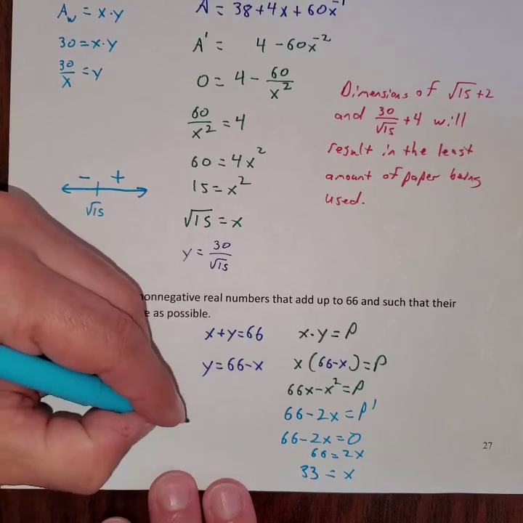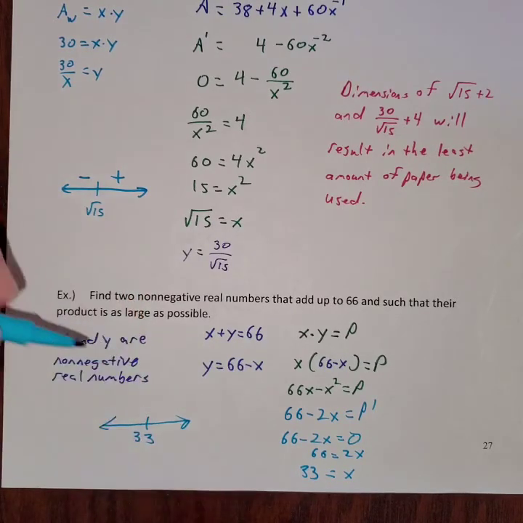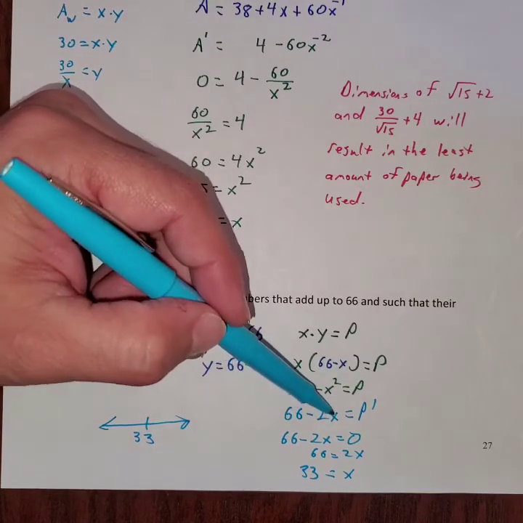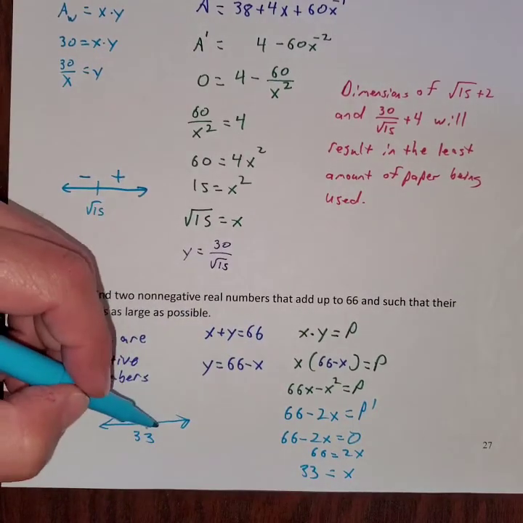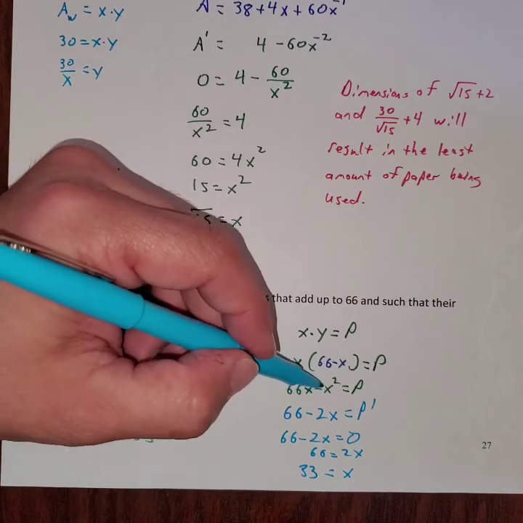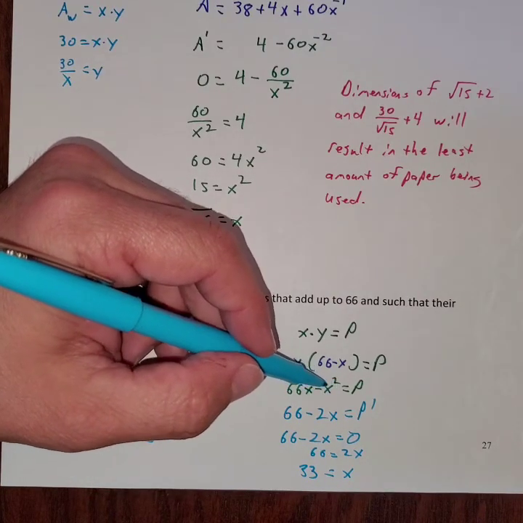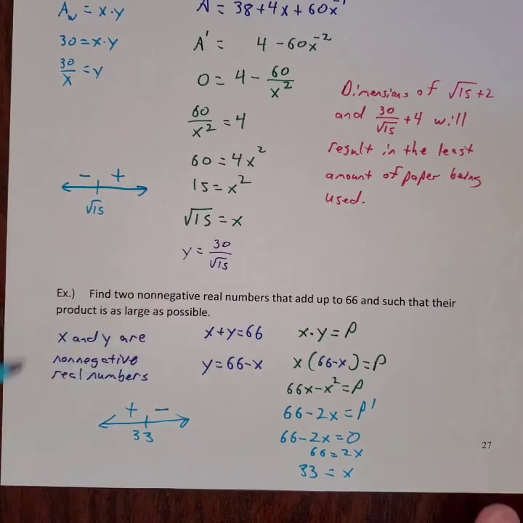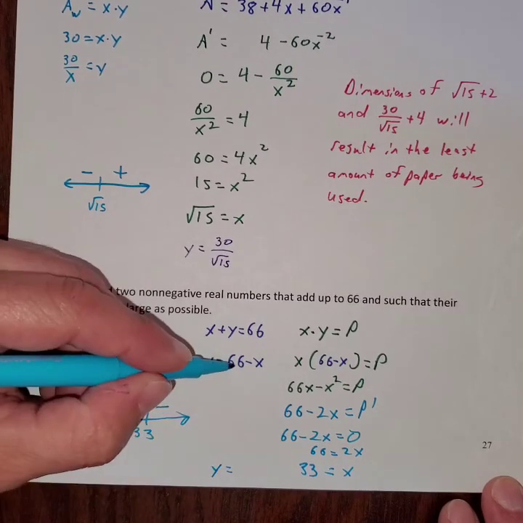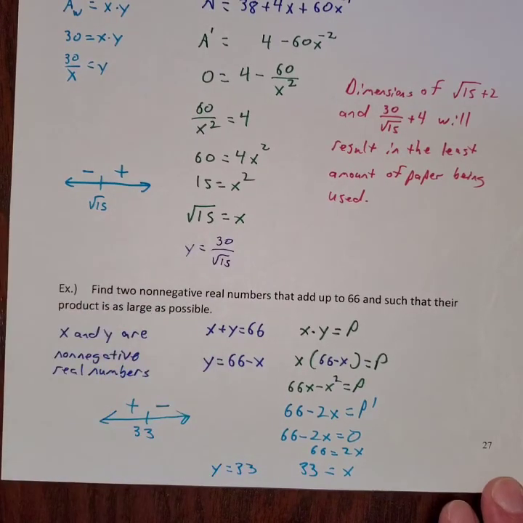So I'm going to do a quick sign chart. If I chose a smaller number, I'm going to choose 1 for simplicity, and put 1 into my derivative, it's clearly positive. If I chose a larger number, say 40, I'm going to end up with a negative number. So that means that's going to be a maximum. Now that was our X. We also need to know Y. If Y is 66 minus X, Y must equal 66 minus 33, which is 33.